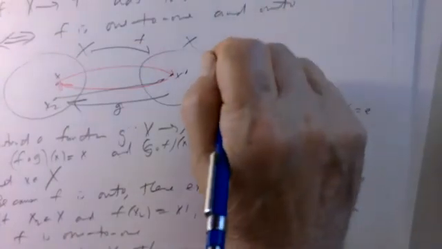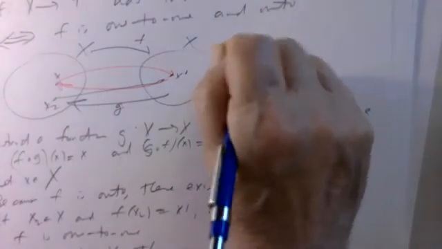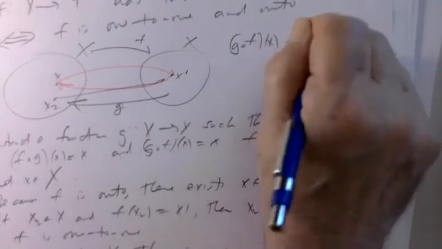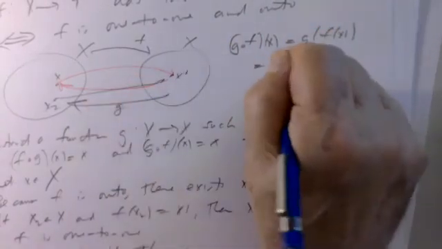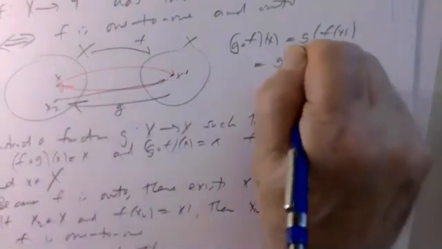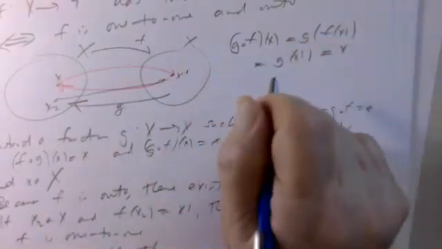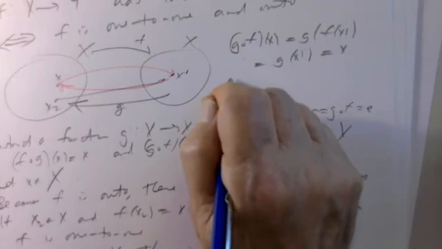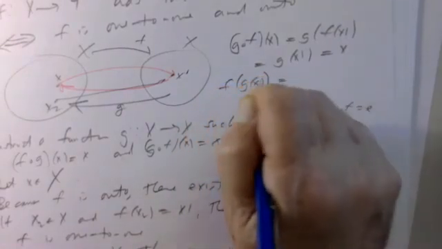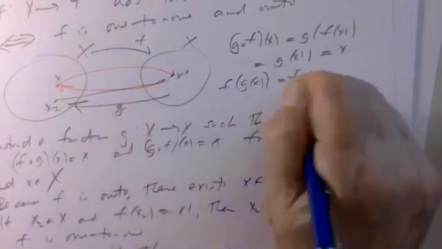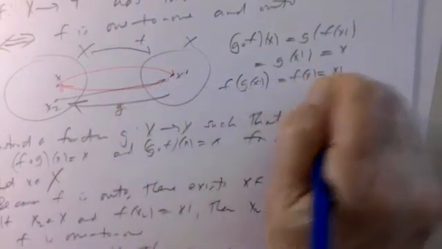So g composed with f of x, that's g of f of x, that's g of x prime, which goes back to x. And f composed with g of some x prime is f of x, which is x prime.